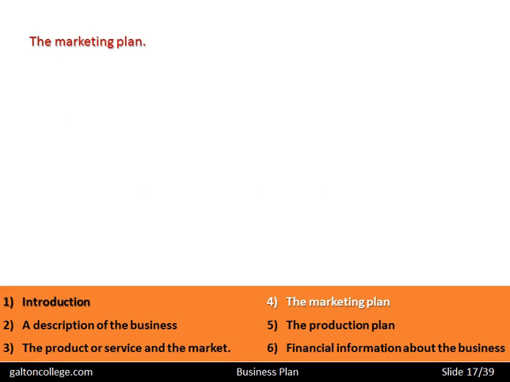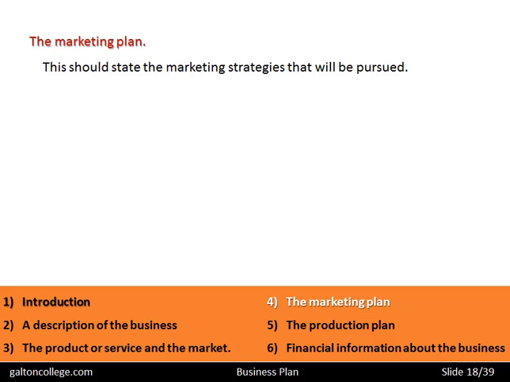Next, the marketing plan. Well, this should state the marketing strategies that will be pursued. It's important to have market strategies. It's important that in advance the marketing team with the senior management have ironed out issues. Will they compete on price or quality or after sales service, and will they use certain outlets and channels rather than others?